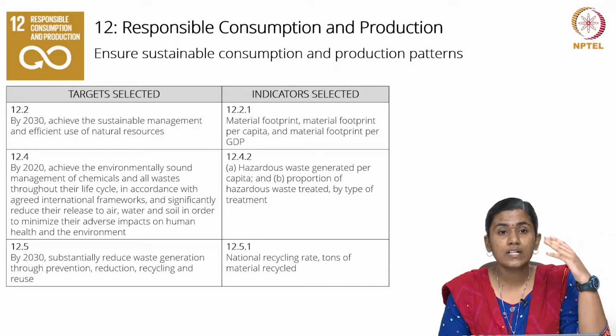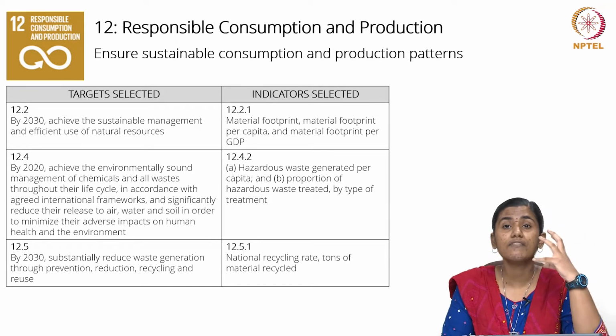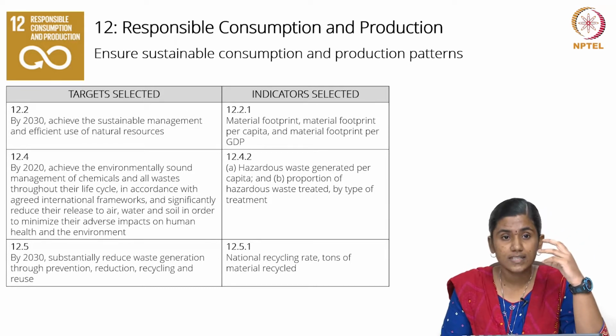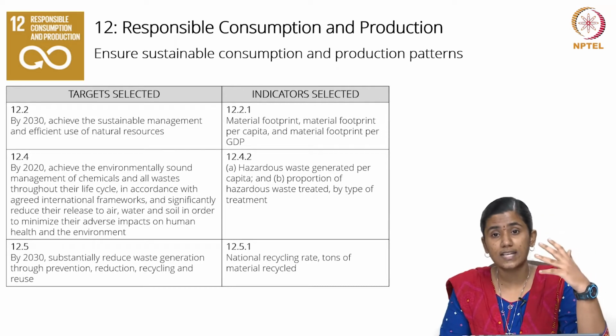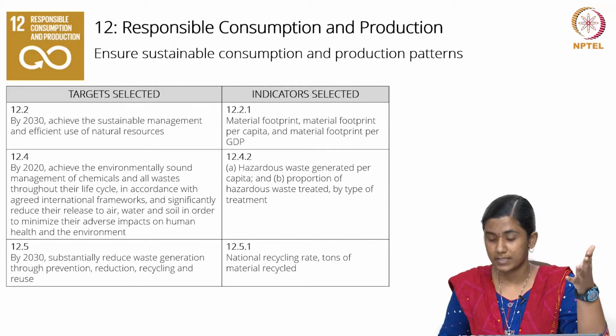The next target, 12.5, is about substantially reducing waste generation by 2030 by following the aspects of prevention, reduction, recycling and reuse. These are the targets which I have chosen for my project, which I am going to explain now.